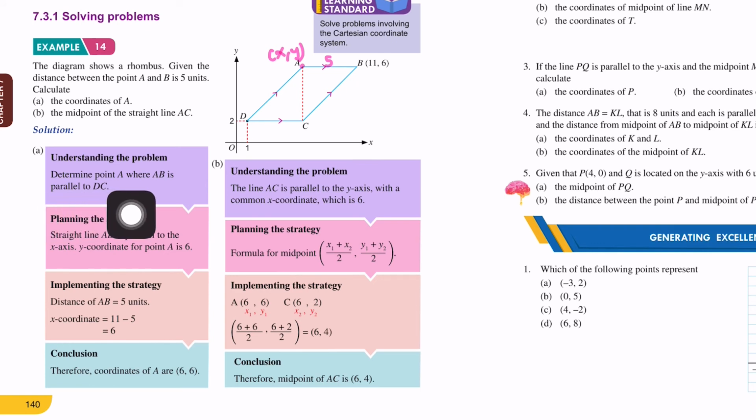Betul tak? AB dengan DC parallel, plus dia rhombus kan. Next, planning strategy. Straight line AB is parallel to x-axis and y coordinate of point A is 6. Betul. So sini pun 6.